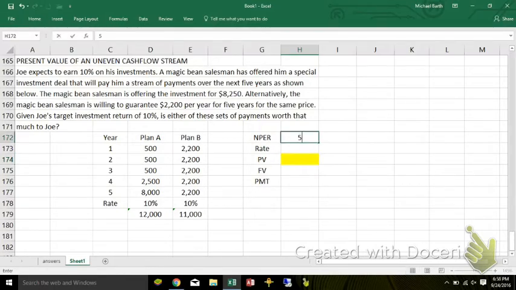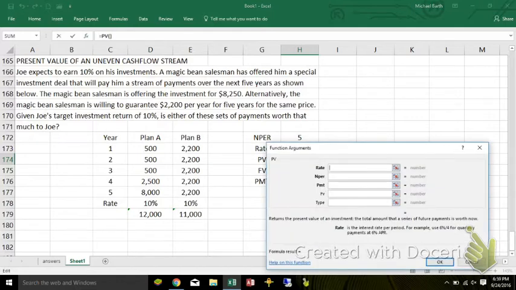Alright, so this would be 5 payments. 10% is the rate of return he expects to earn. So he's getting $2,200, and then he doesn't get anything after that.